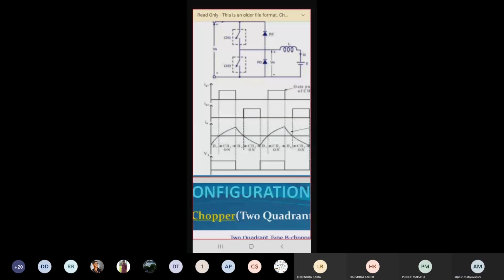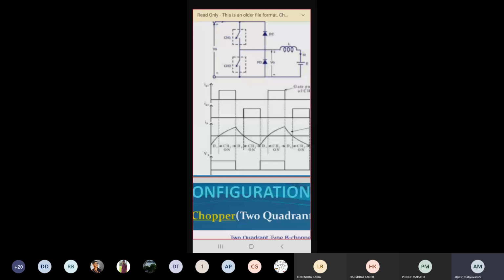Now next we are making chopper 2 on. In this chopper 2 on also, current reduces. Now when D1 starts conducting, at that time the current rises. So in this manner the current increases and reduces according to the operation of the chopper as well as the diode and freewheeling diode. Now next is the type D chopper.